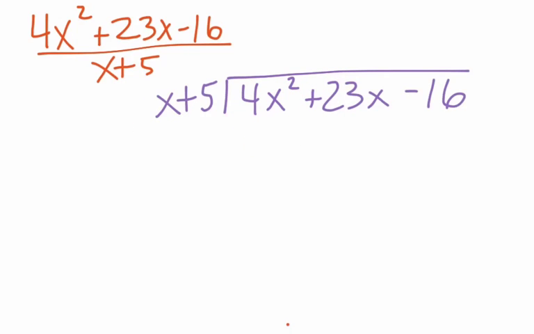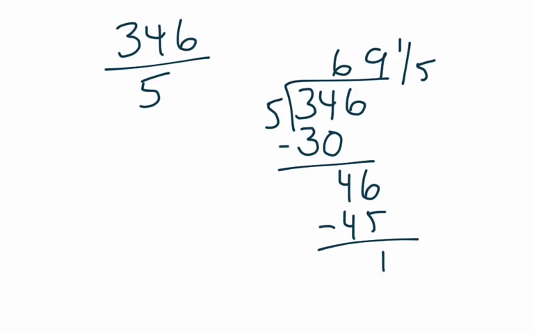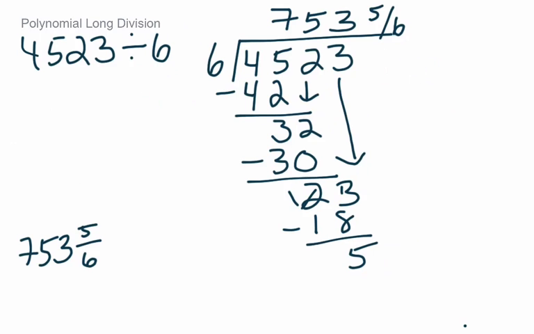So in your brain, you're saying, okay, x times something is going to give me 4x squared. And that would be 4x. If I did x times 4x, I would get 4x squared. So the answer to the question is 4x. Just like in this problem, the answer to the question was 7.